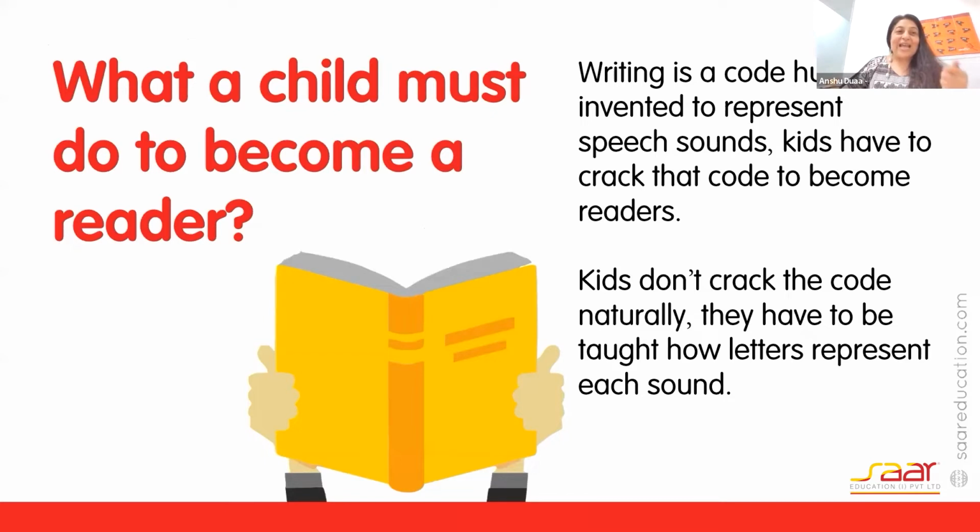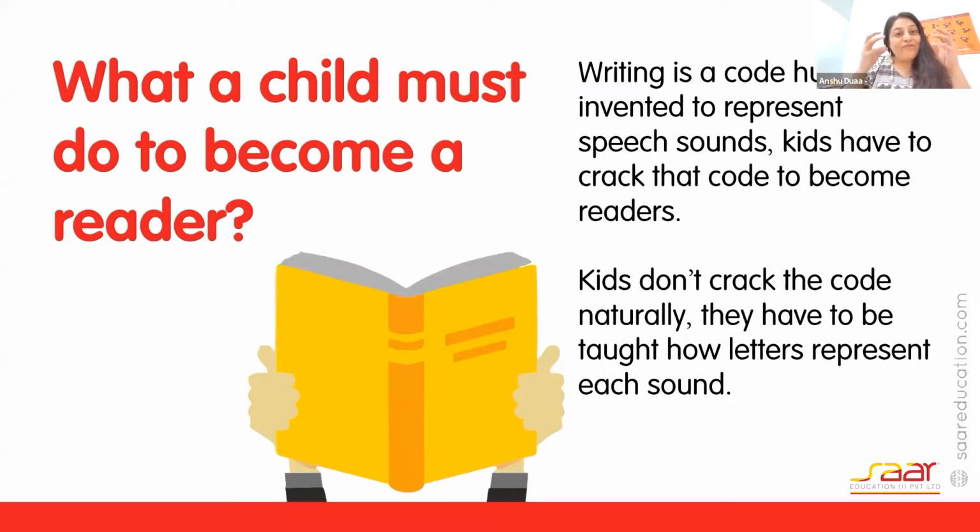So if this is a letter which makes a sound, and this is a letter, whenever you see this picture, you'll have to say ik. And whenever you see this picture, this is again going to be a different sound. So what am I doing?